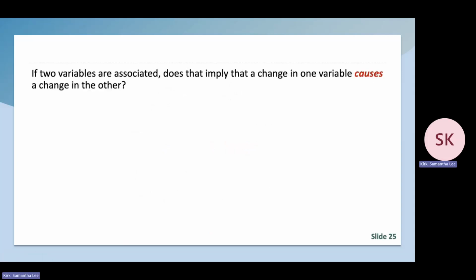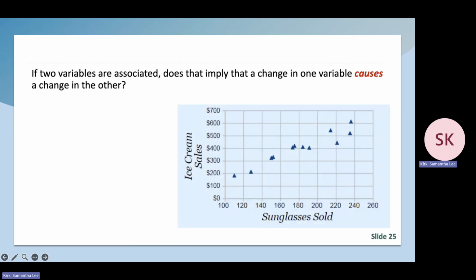Okay, if two variables are associated, does that imply that a change in one variable causes a change in the other? So the answer to this is no. Association does not mean causation.